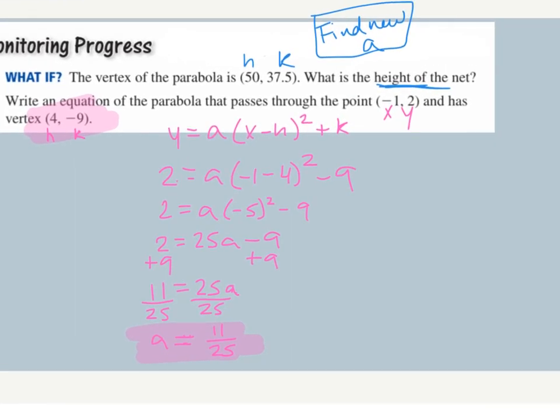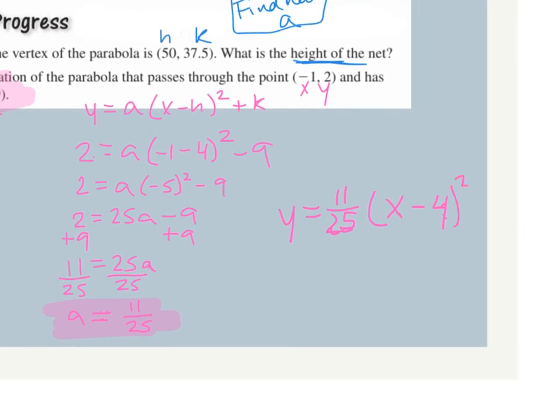So we have y is equal to, a is 11 over 25, times x minus 4 squared minus 9. So this is our equation of our parabola.